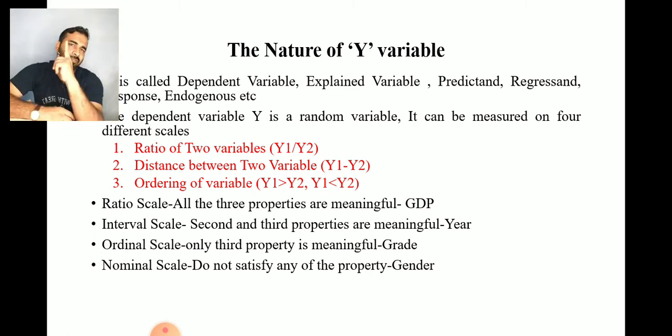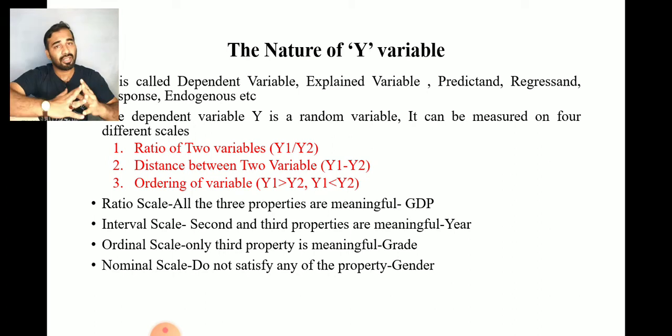That's our first property or first condition. The second condition is whether the distance between 2 values has any meaning. What does distance mean? Just subtraction. The third thing is whether we can order these values, in ascending or descending order. And the last one is whether a meaningful zero exists or not.